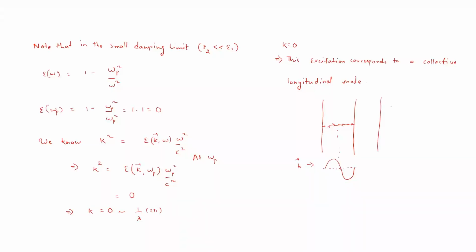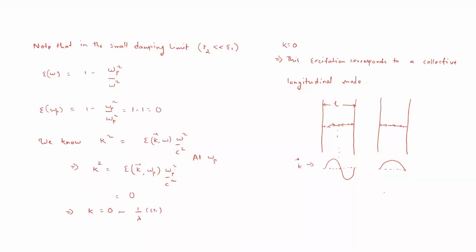Now for this wave vector, this is the thin strip of metal of thickness t, let's say. Suppose the k vector is this, that means all the electrons are oscillating in the same direction, but with the profile of the amplitude given by this k vector.